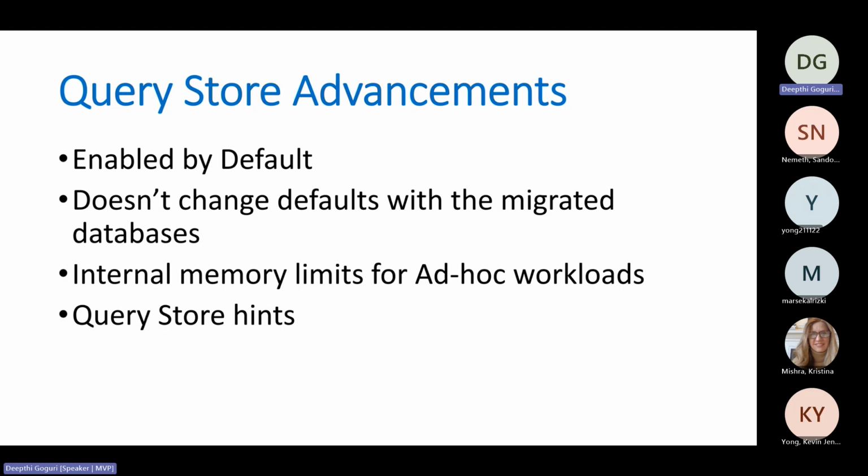So if you have a lot of ad hoc workloads, then that might fill up the query store quickly, because each execution, even its slightest change, like adding a space or adding a comment, can create an entirely different query ID. So it used to fill up the query store.